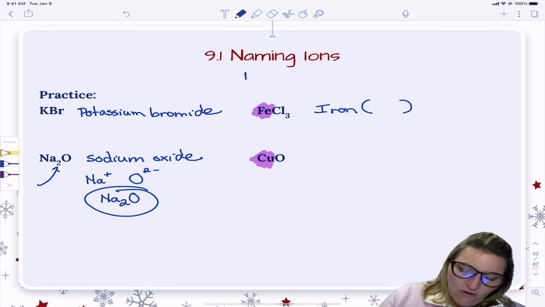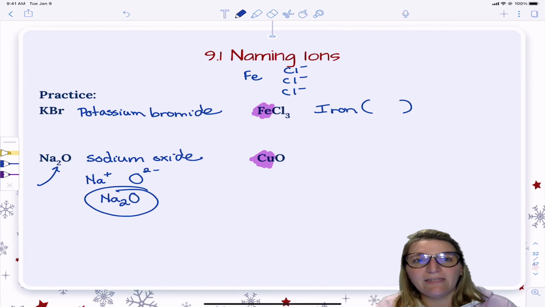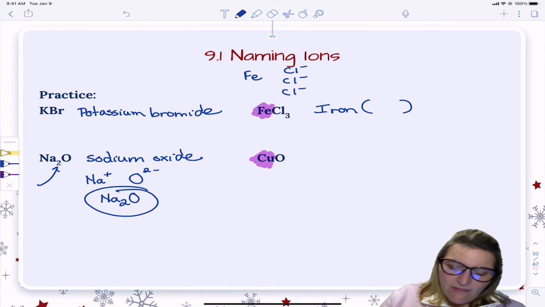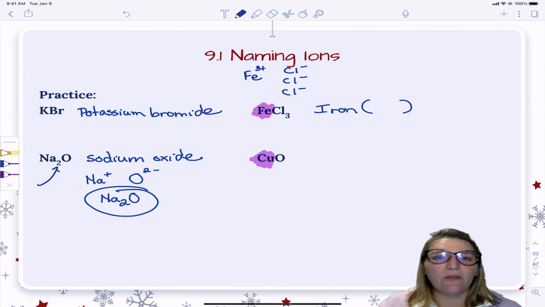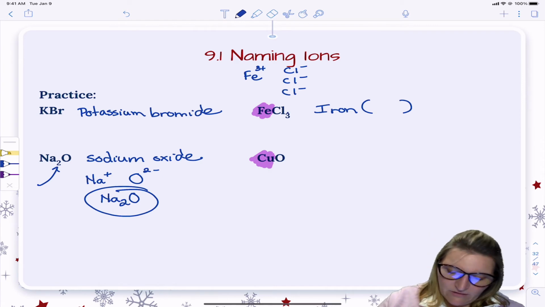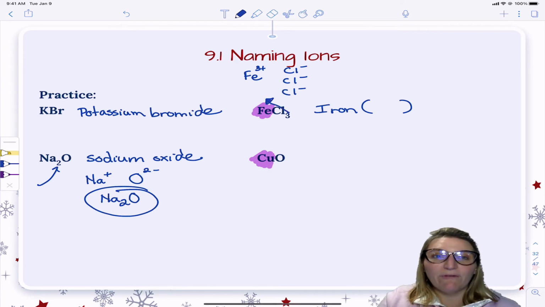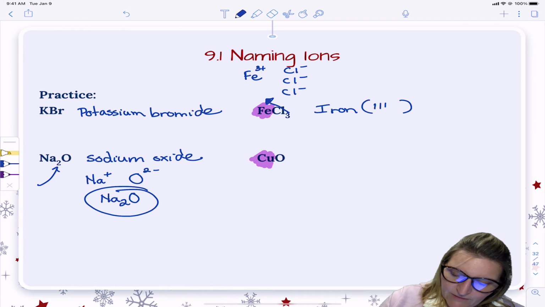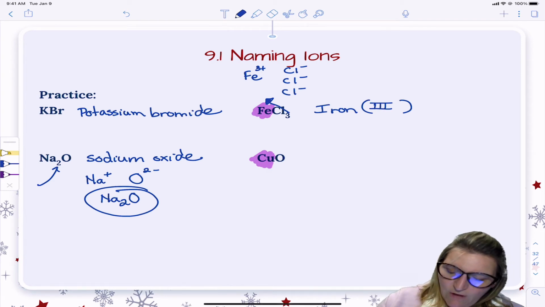If I know that for every 1 iron, it took 3 chlorines, and chlorines are negatively charged, -1 charge, that must mean this iron must have been 3+. Most of the time you can reverse crisscross that in order to figure that out. So this compound would be iron 3 chloride.